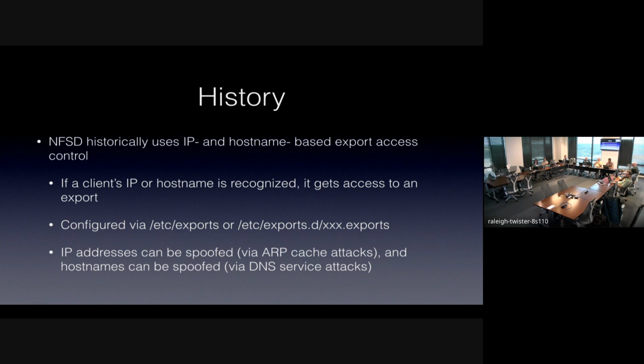When NFSD recognizes a connecting client by IP or host name, it permits access by that client. And then the normal user authorization takes place, POSIX style. But it's just another gateway for recognizing clients as trusted or not trusted. This user interface was in /etc/exports, and then later in /etc/exports.d, but it hasn't really changed much over the years.